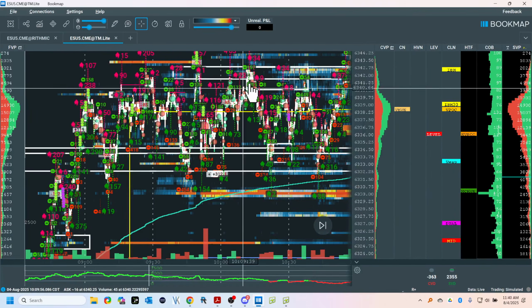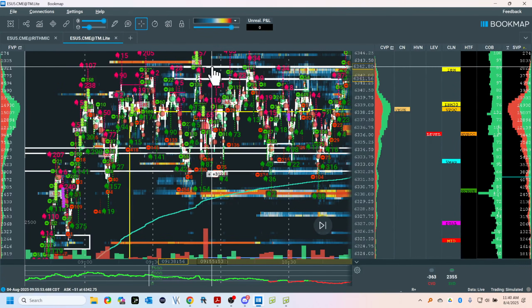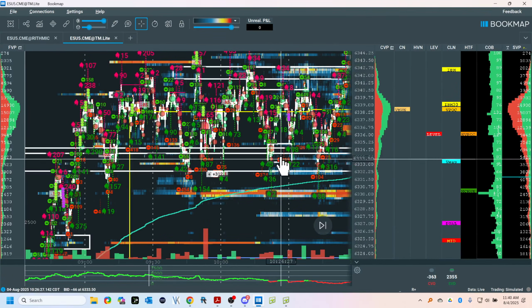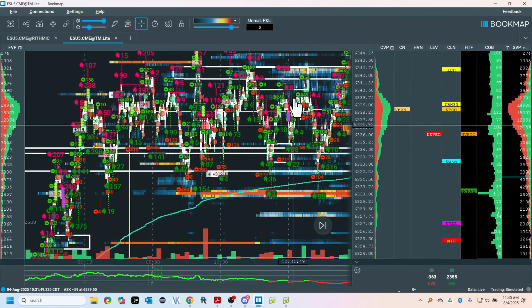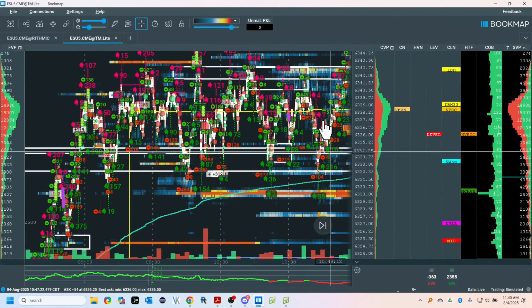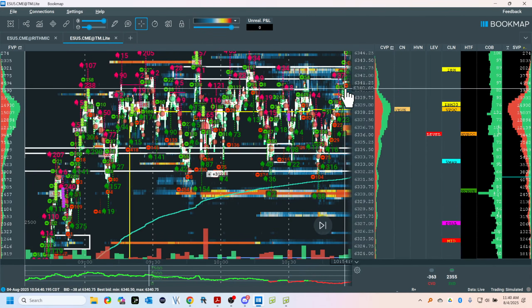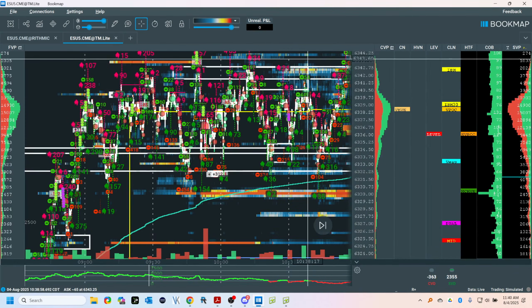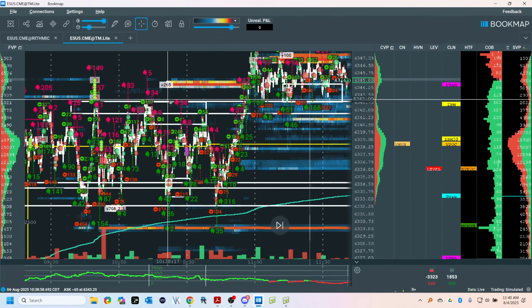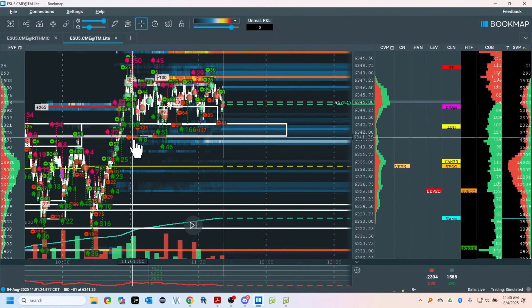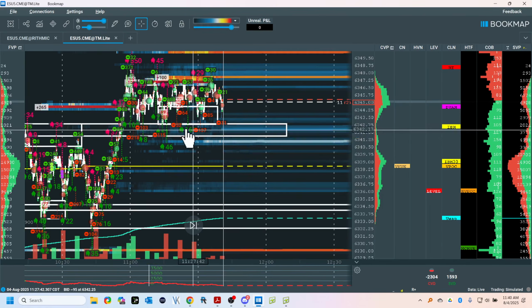Longs. So you have resistance, resistance, support, support, resistance, support. This is resistance, but what's the trend? North. Support, support.